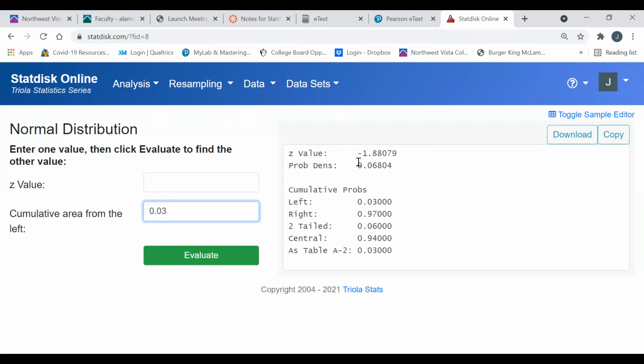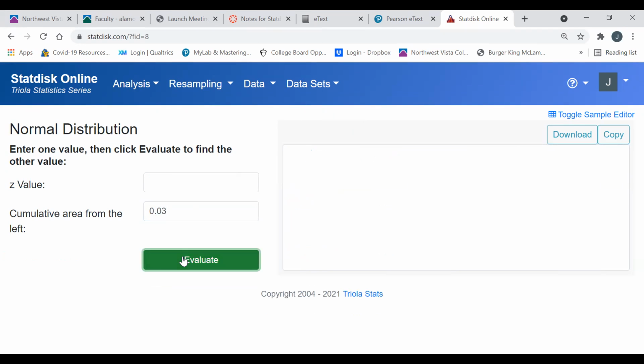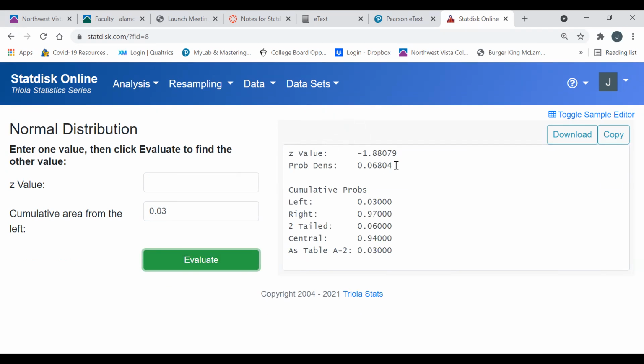Did I hit evaluate? Oops. Did I do something wrong? That was weird. Anyways, negative 1.88079.